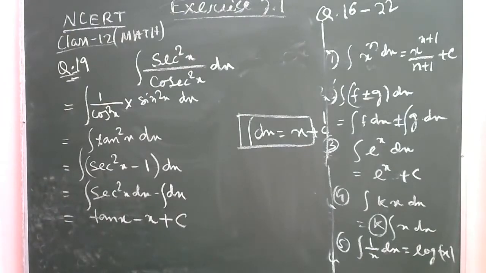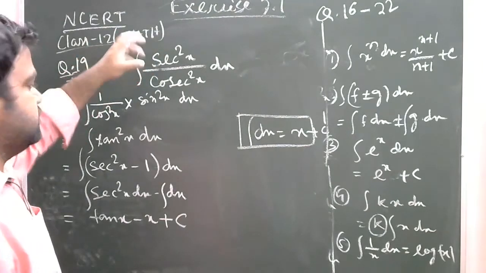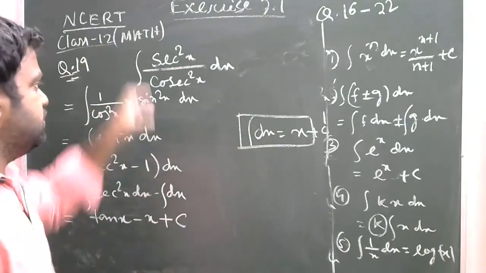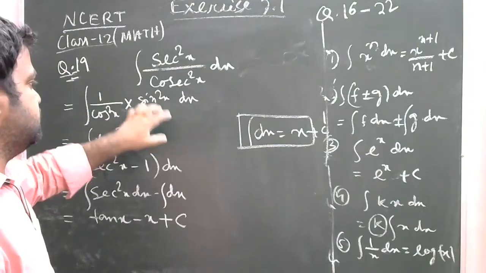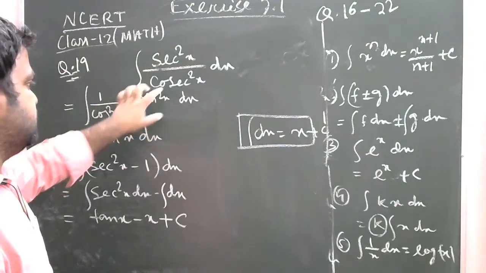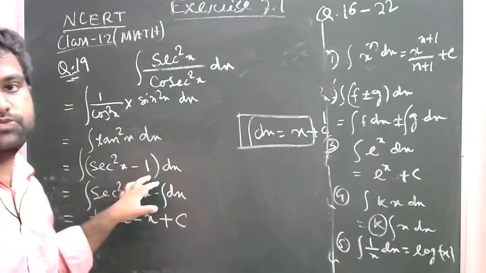Is it correct? ठीक है कि नहीं? Question number 19: tan x minus x plus c. So nothing is there, we just used some trigonometric algebra. Sin square x by cos square x is tan square x, and tan square x we write as sec square x minus 1.